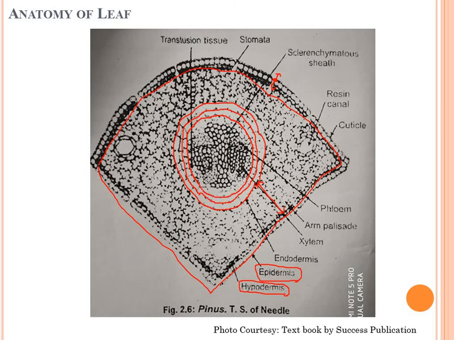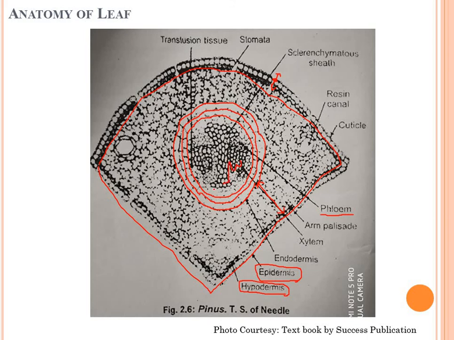Sclerenchyma provides mechanical strength, while parenchyma is responsible for storing food material. And inside the pericycle the vascular bundle is present. See, this is the phloem tissue, and inside the phloem xylem is present.